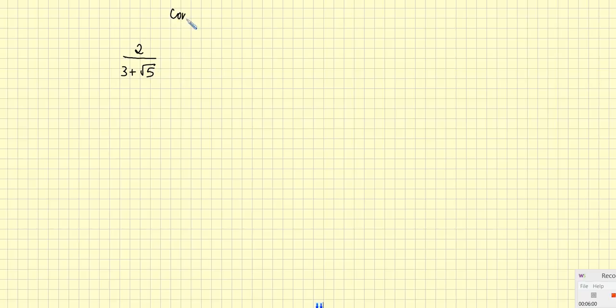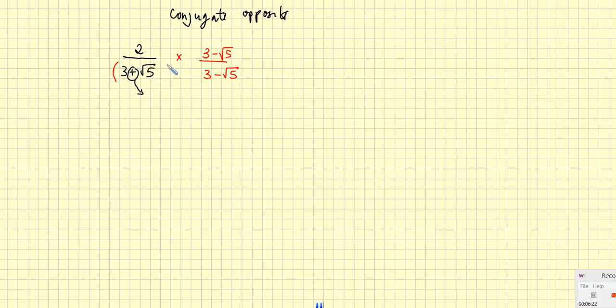The conjugate means the opposite sign, referring to only the sign in the middle. So I would multiply the top and bottom here by 3 minus root 5 over 3 minus root 5.